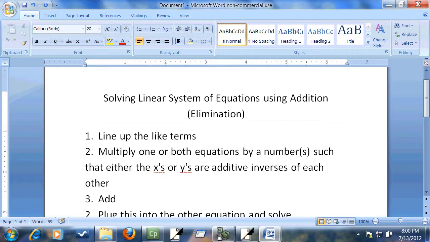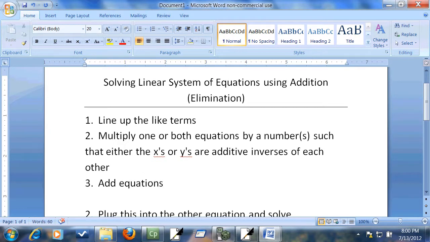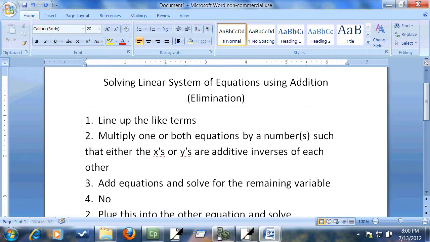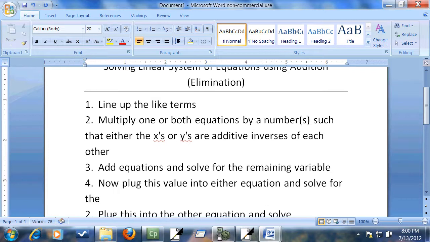Step 3, add the equations and solve for the remaining variable. Now plug this value into either equation and solve for the other variable.